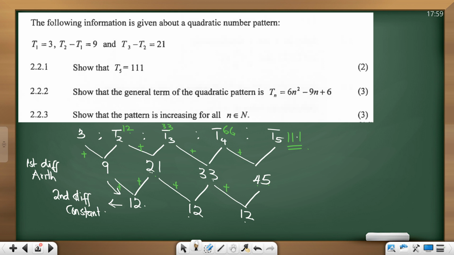Now, show that the general term, we all should know, 2a should be equal to that second difference. And 3a plus b should be equal to the first difference. Once you understand the dynamics, 9 minus 18 will give us negative 9.